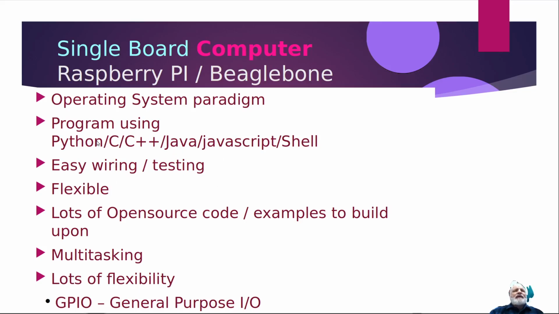But if you're a Python programmer, then you can use that. If you're C++, you can use that. They even have shell scripting and something called BoneScript for the BeagleBone that is kind of cool. I believe BoneScript is like JavaScript also, but it's been a little while since I worked with it. It had some cool features.